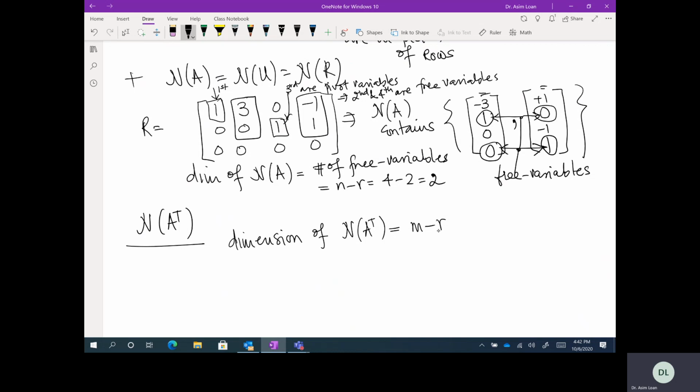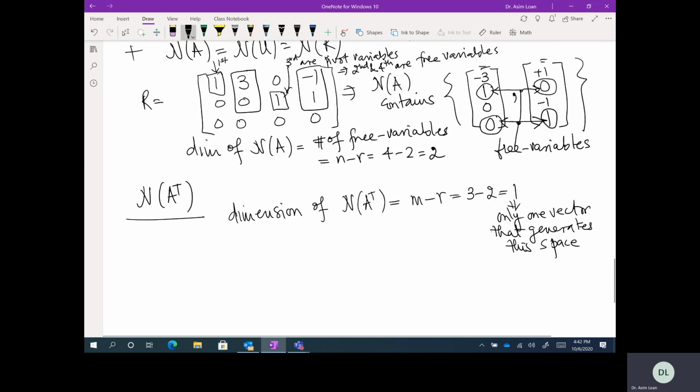M is 3, so this is 3 minus 2, so this is 1. So we have only one vector that generates this space. And obviously this is a line because all multiples also can generate this left null space.